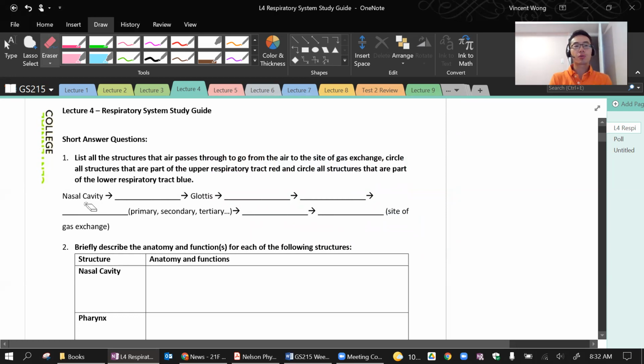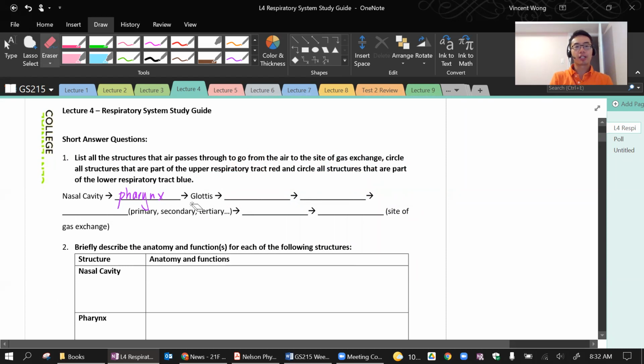So we start with the nasal cavity. We breathe in through our nostrils, and then the air goes to the nasal cavity. From there, it is going to enter the pharynx, and we will talk about the structures in the next section. From the pharynx, it will go through an opening called the glottis.